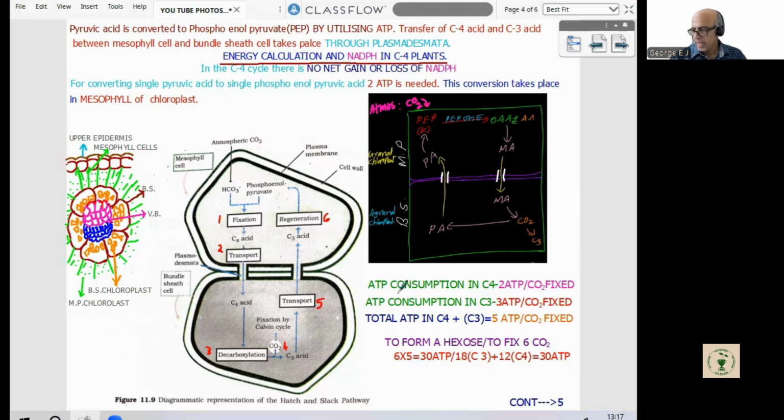Now, the 3-carbon acid formed in bundle sheath cells is transported to the mesophyll cell, again through plasmodesmata, and it will be converted into phosphoenol pyruvic acid. So PEP is regenerated by an enzyme, phosphoenol pyruvic acid synthetase.